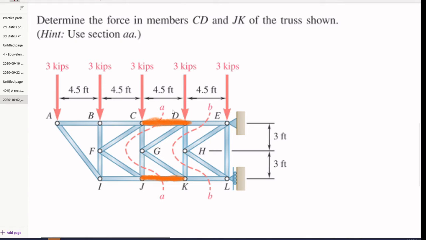What we're going to do is take a slice, slicing it along this line here.